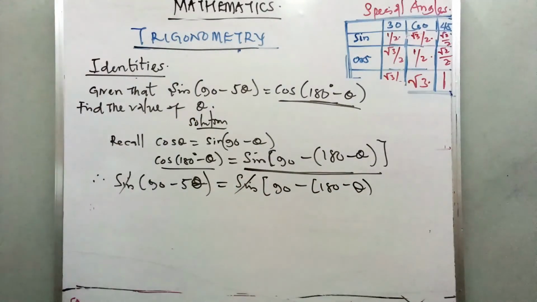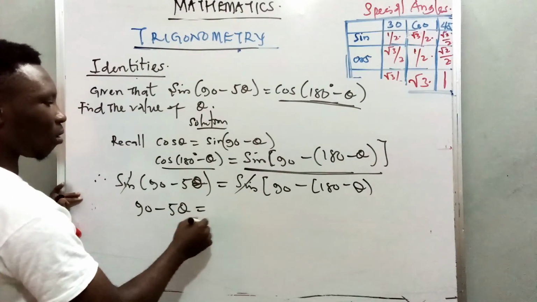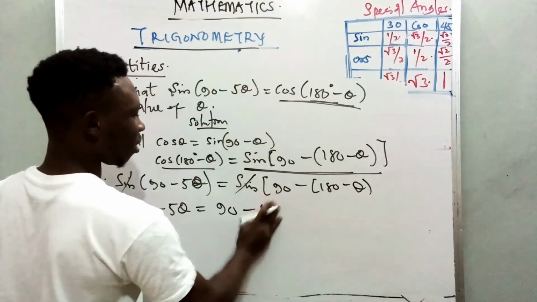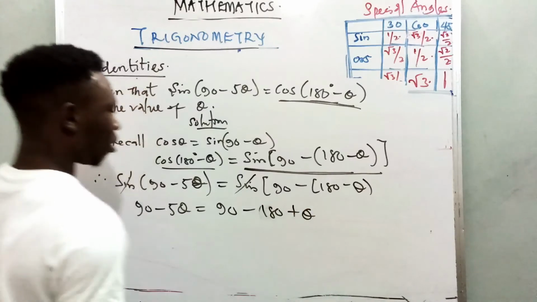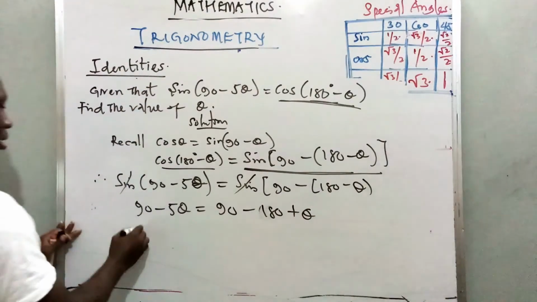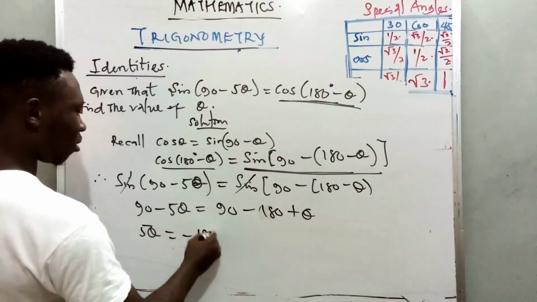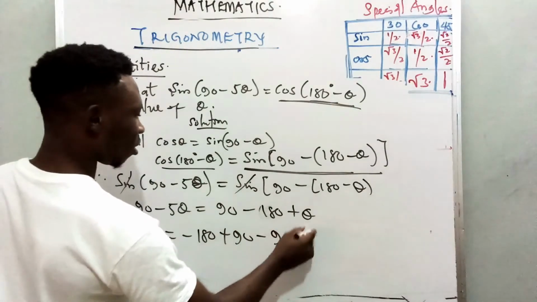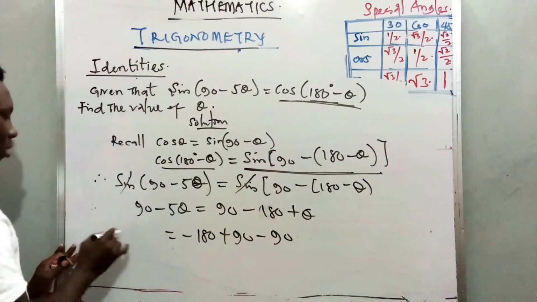At this junction, sine can cancel sine. So this becomes 90 minus 5 theta is equal to 90 minus 180 plus theta. So collecting like terms here, 5 theta is equal to minus 180 plus 90. This comes over to be minus 90. This theta comes here to be what?